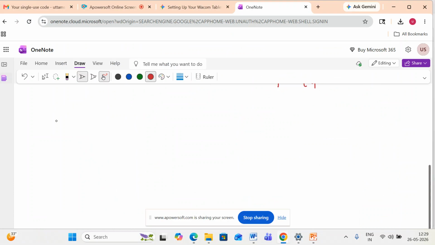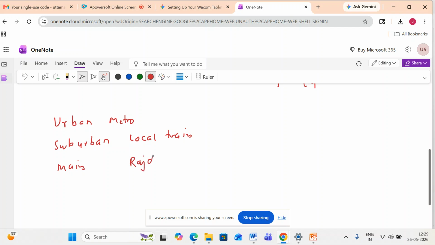Urban is metro, suburban is your local trains in Mumbai, and the main service is Rajdhani Express or Vande Bharat.